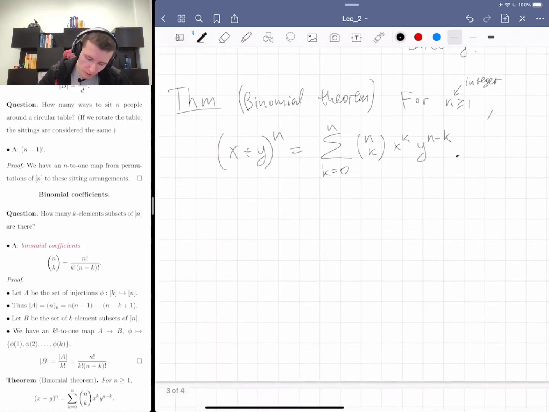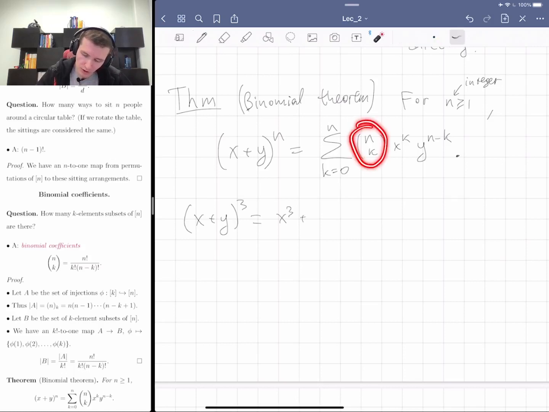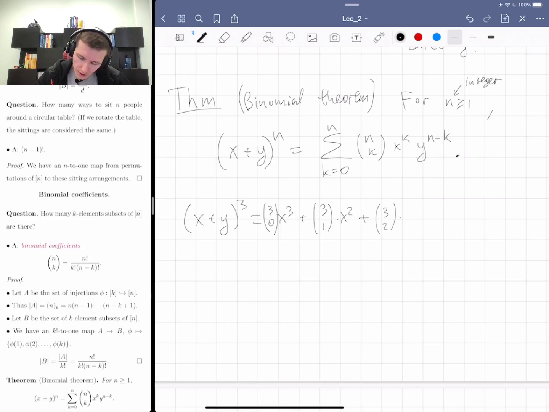For example, x plus y cubed is x cubed plus... let me first write it down. 3 choose 0 times x cubed plus 3 choose 1 times x squared plus 3 choose 2 times x plus 3 choose 3 times 1, and I have to multiply by powers of y: x squared y, x y squared, and y cubed.